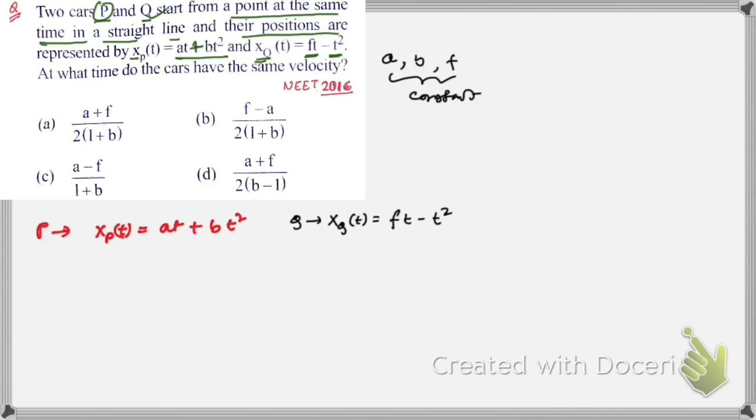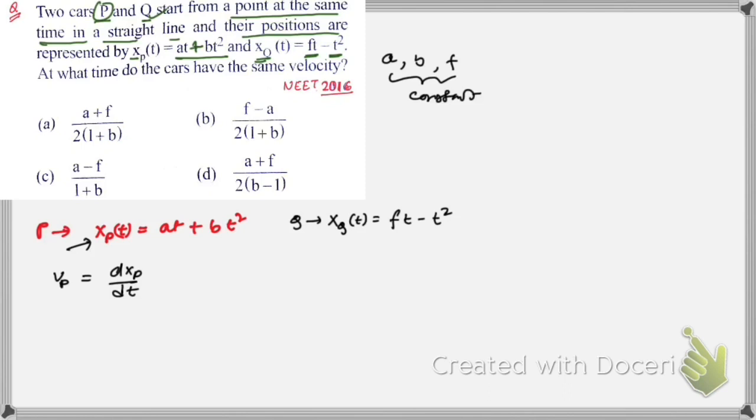Now we need to find the time when these two cars are going to have the same velocity. First let us find the velocity of car P, and we know velocity of any object is given by dx by dt, that means the time derivative of its displacement.